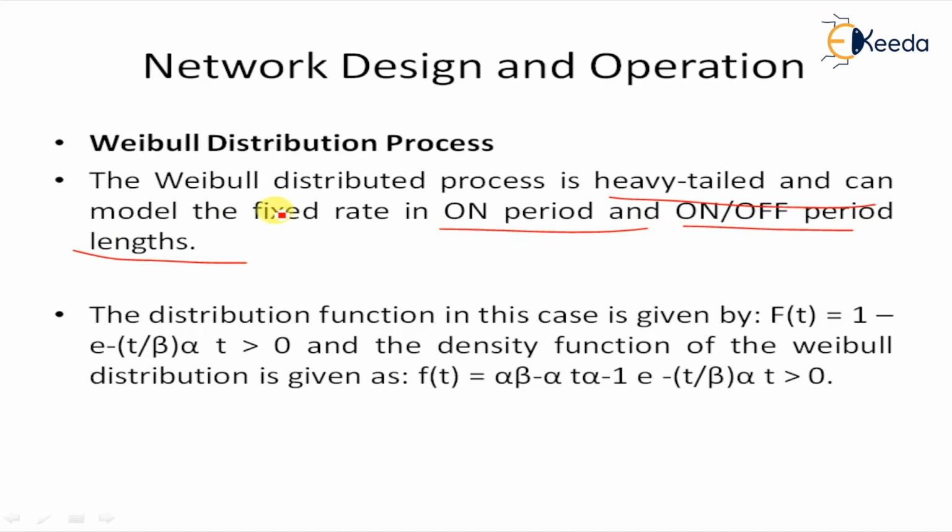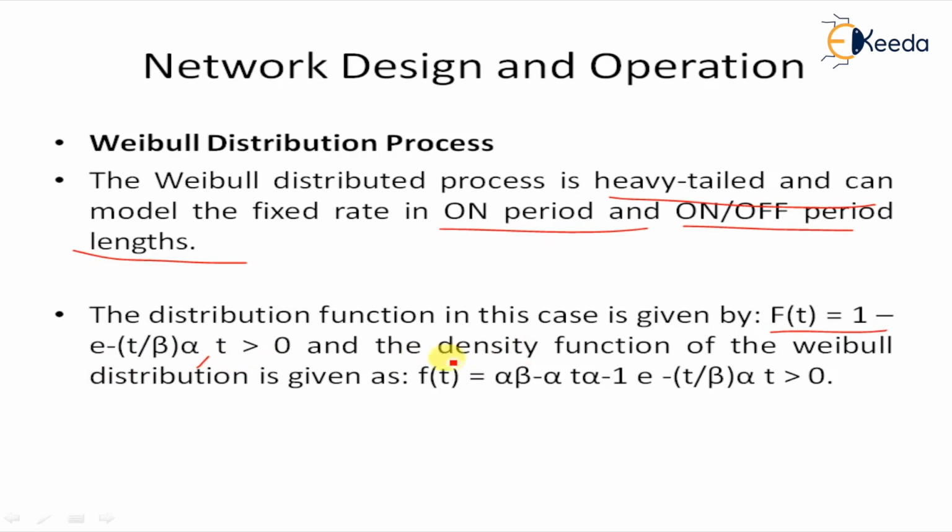It is used when producing self-similar traffic by multiplexing on-off sources. The distribution function in that case is given by the equation F(t) is equal to 1 minus e to the power minus (t divided by beta) to the power alpha, where t is greater than 0.